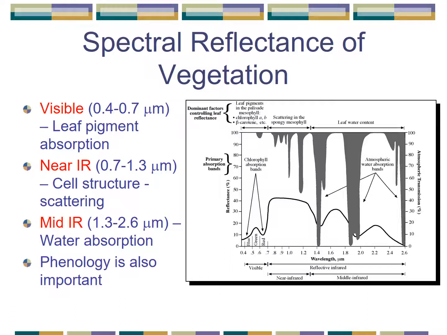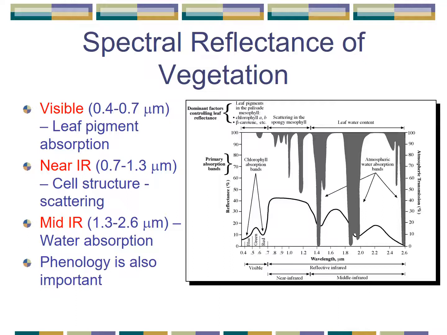When we look at spectral reflectance of vegetation like we had before, remember in the visible light, 0.4 to 0.7, the thing that's controlling a lot of that is the leaf pigments. Okay? The things like the palisades and the mesophyll and the chlorophylls and the beta carotenes and all that stuff, that's what controls whether it's red or it's green or it's blue, and that's what controls whether we reflect red, green, or blue, or absorb red, green, or blue.